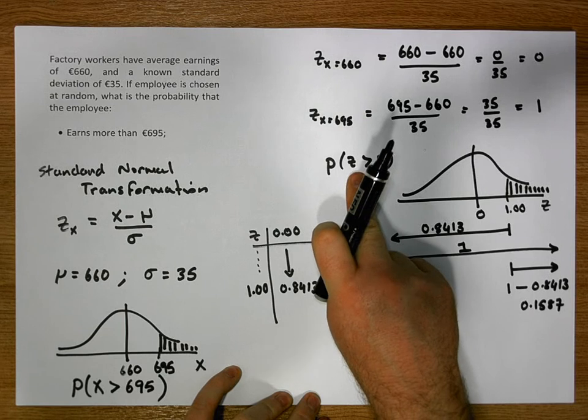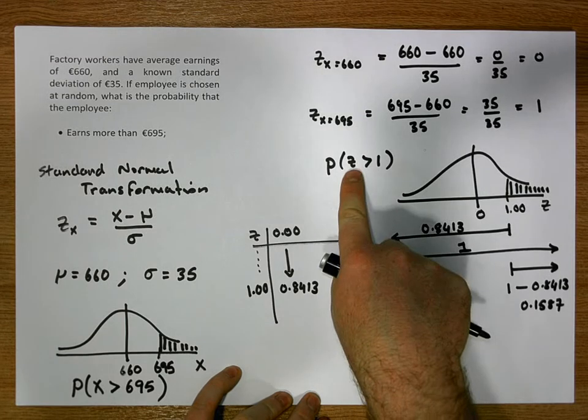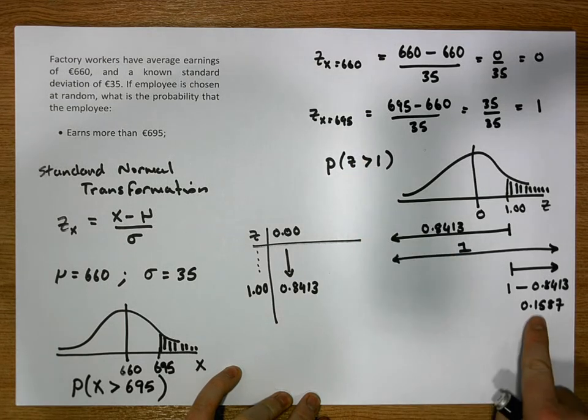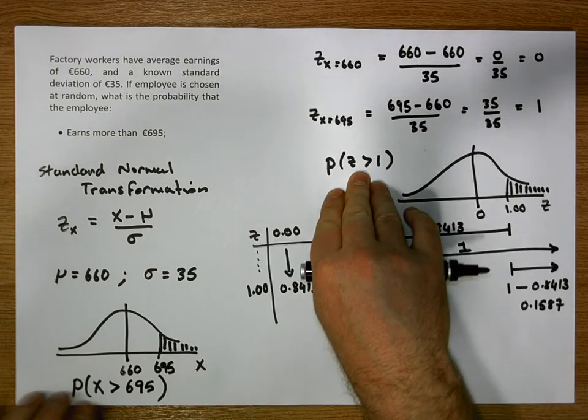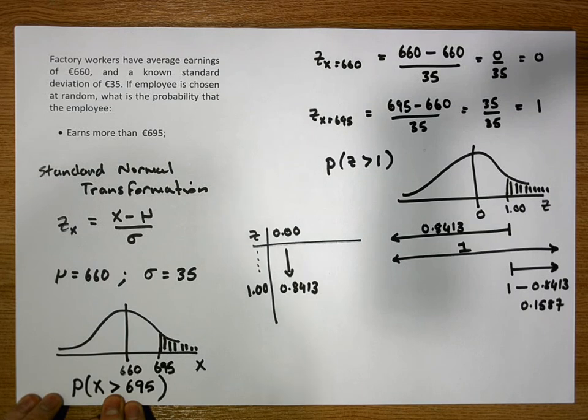In other words, the probability of observing a z-score greater than 1 is equal to 0.1587. But under the transformation, we know that this probability is equivalent to the probability of randomly selecting a worker with average earnings greater than 695.